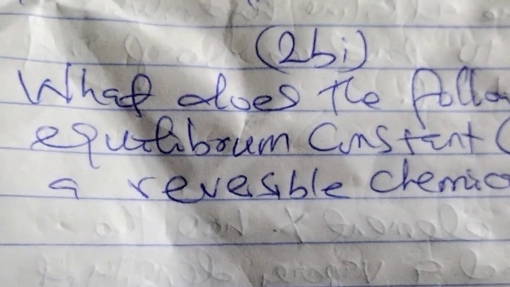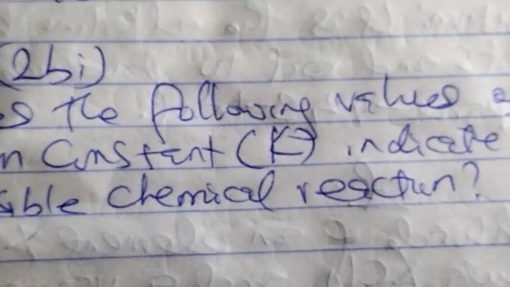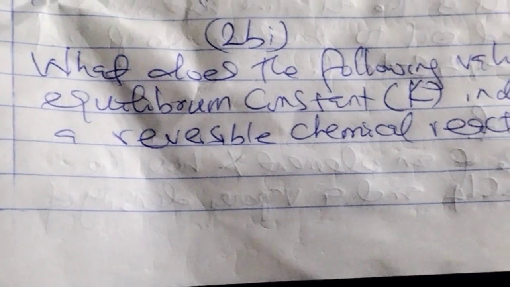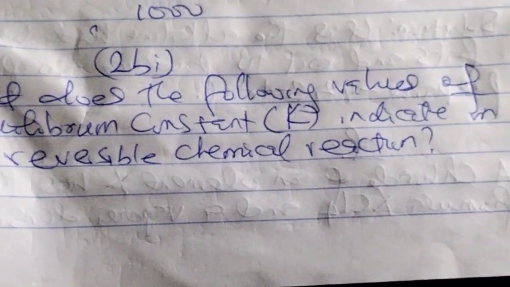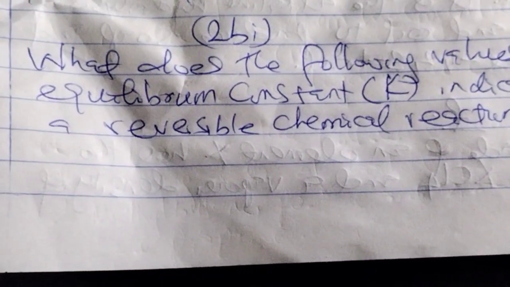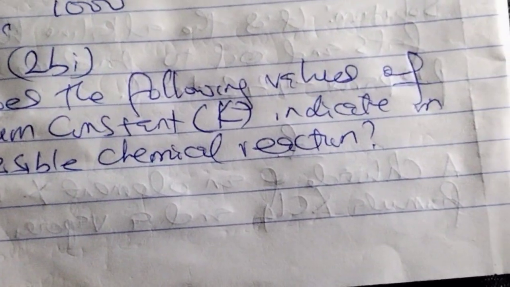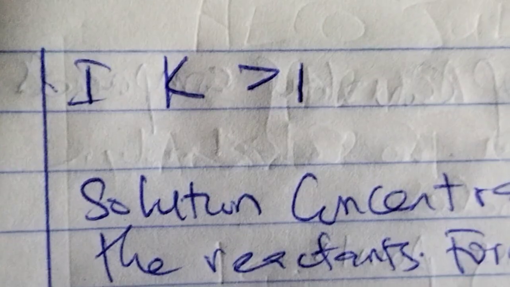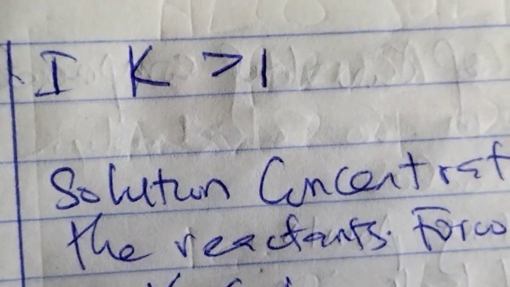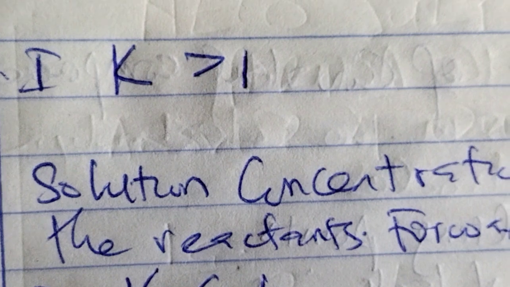2bi says, what do the following values of equilibrium constant K indicate in a reversible chemical reaction? So let's go to the values. Question i, K being greater than 1, what does it indicate?